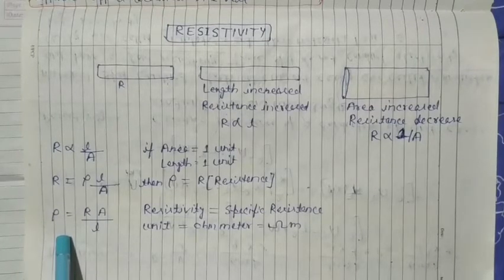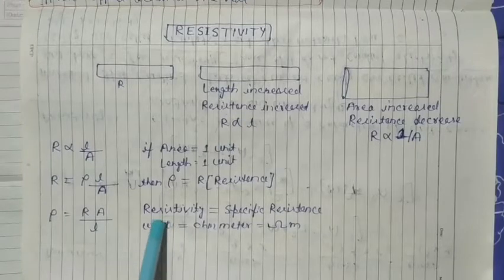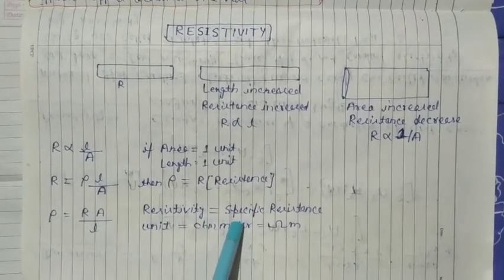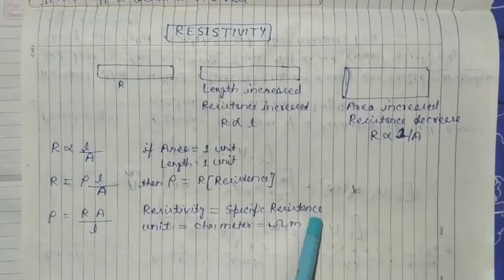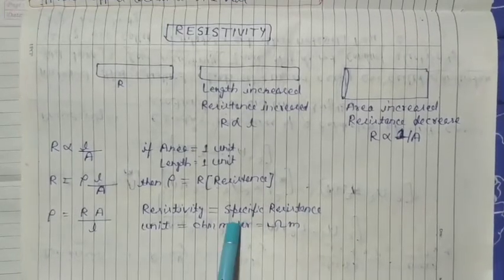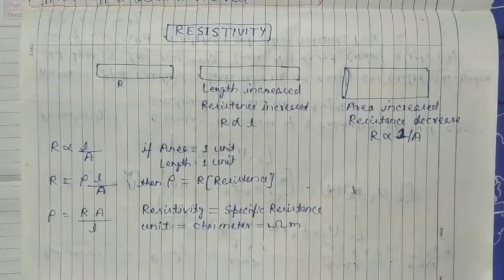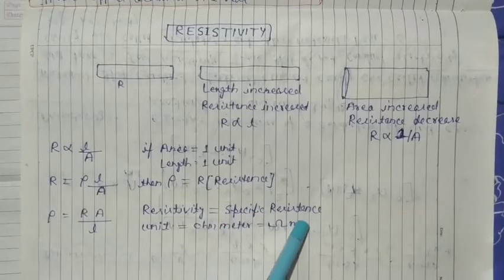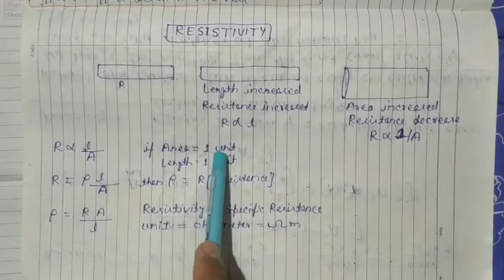So we call this resistivity, also specific resistance. When we use the word specific in physics, any characteristic related to unit 1, like specific gravity, specific heat, specific resistance, is related to unit 1.